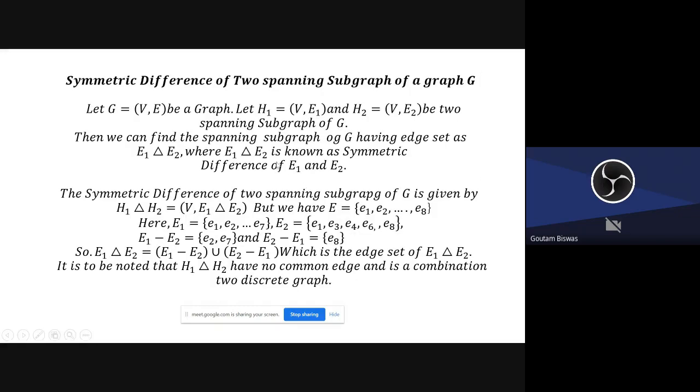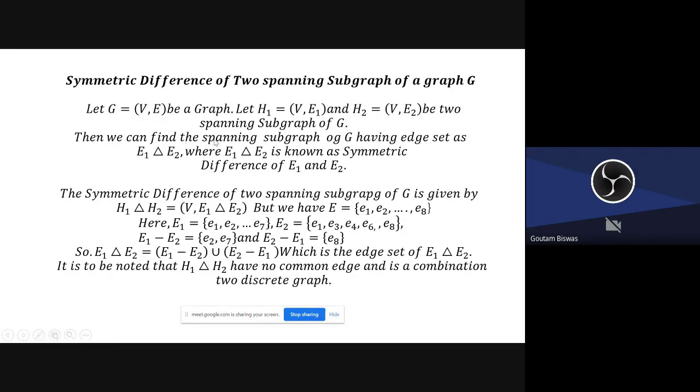Now another mathematical concept. Let G be this graph, and let H1 be (V, E1) and H2 be (V, E2), these two spanning subgraphs.